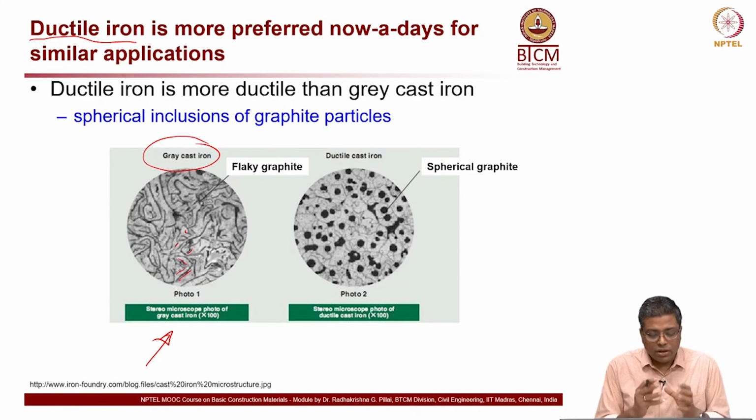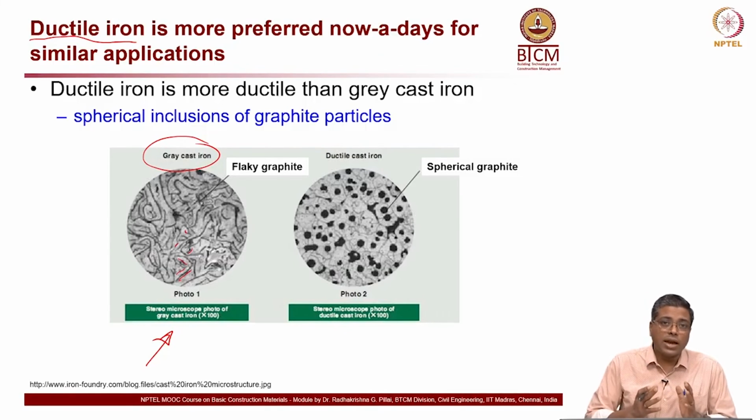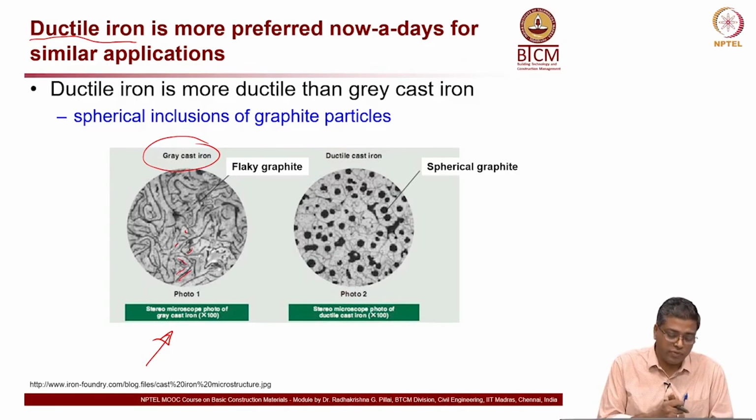So, imagine when there is a crack formation along those flaky black graphite, what will happen is stress concentration will happen and the crack will propagate very fast, and that is why it has very high brittleness.